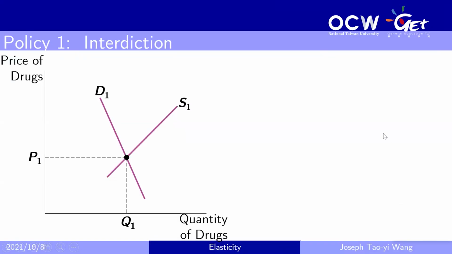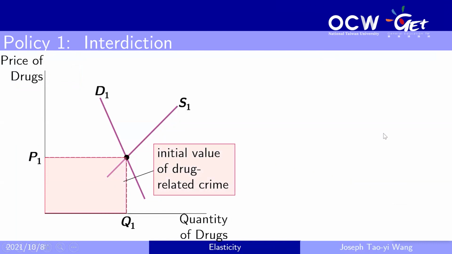So let's look at the first policy. This is the market for illegal drugs. The initial drug-related crime is the price times quantity. Here we're assuming that these drug addicts are so poor, they have to commit crime to get money to buy their drugs. Whatever money they get from these crimes, they always spend it on drugs.